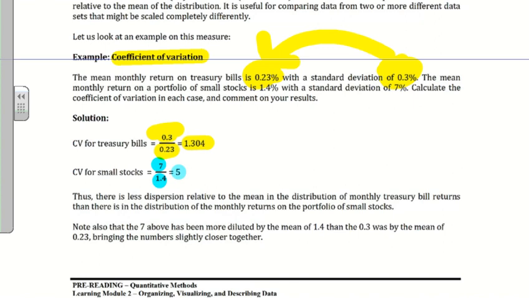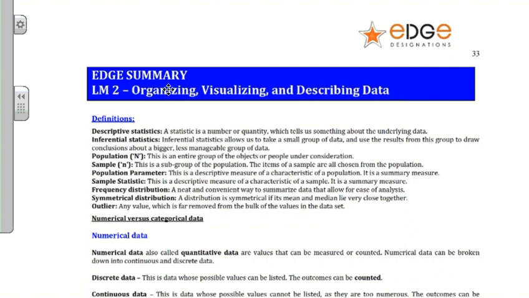So it's a much higher level of risk on a relative basis for small stocks, risk over return versus risk over return for treasury bills. But you can see what the coefficient of variation did for me is it made my numbers a little bit more comparable.